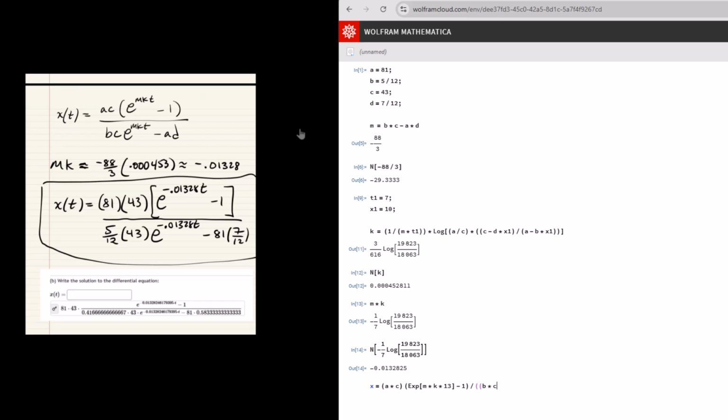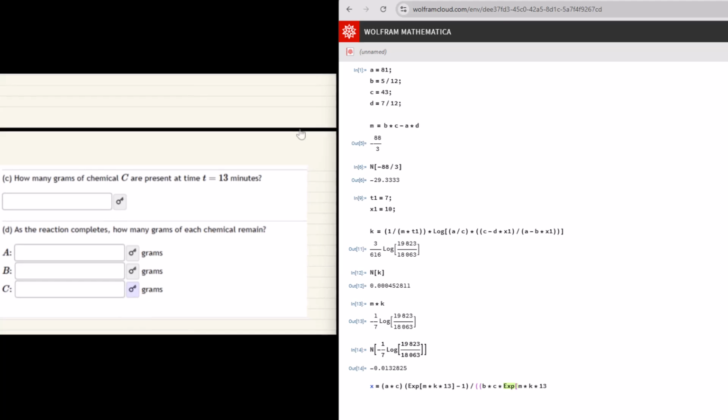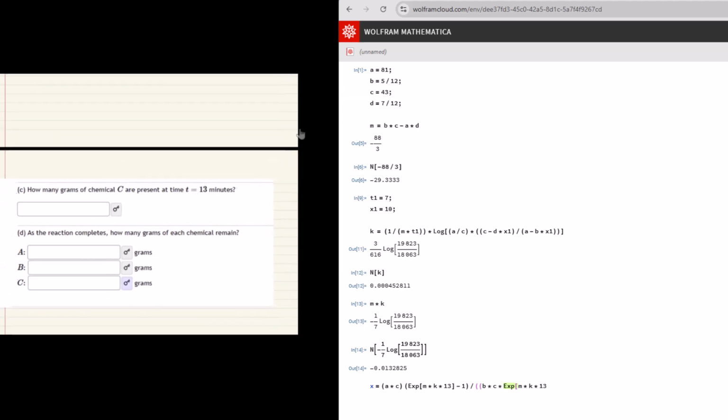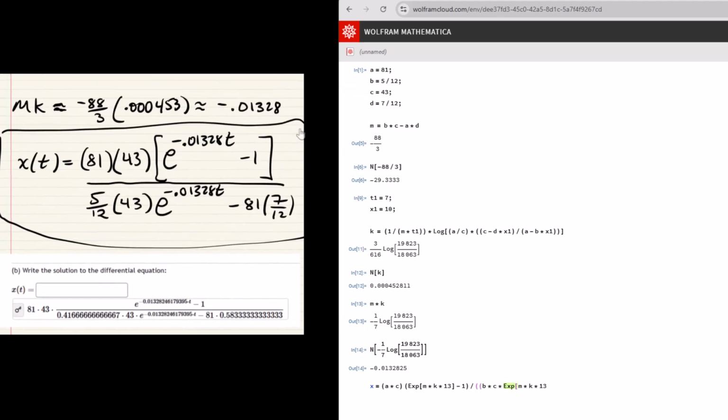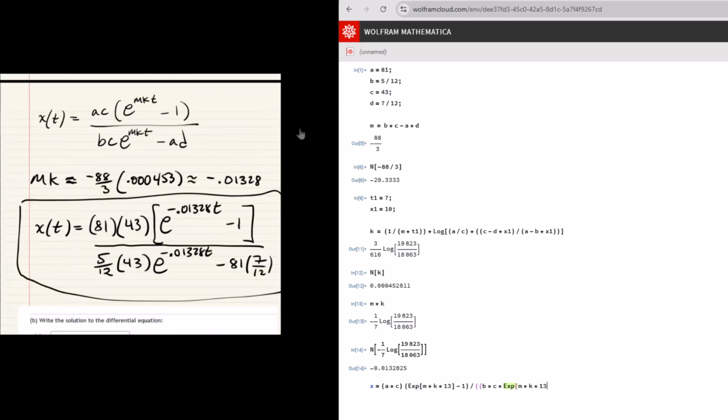So b times c times the exponential raised to a power, that is the m value times the k value times a specific given value of 13 minutes, because that's of course what they're asking, 13 minutes, right? So I'm just plugging in 13. So m times k times t, and in the denominator you then say that's the power, e to that power, minus the a times the d value.